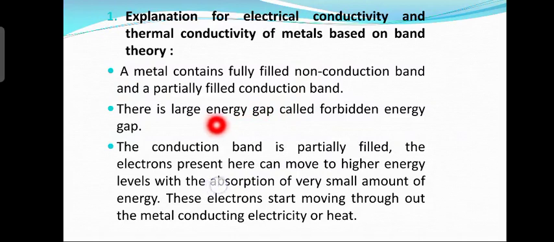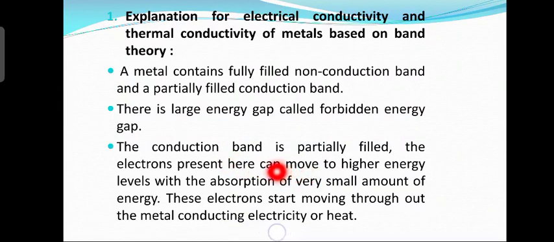Between the conduction band and the non-conduction band there is a large energy gap, called the forbidden energy gap. The conduction band is partially filled, and the electrons present here can move to higher energy levels with the absorption of a very small amount of energy. So these electrons start moving throughout the metal, conducting electricity or heat.